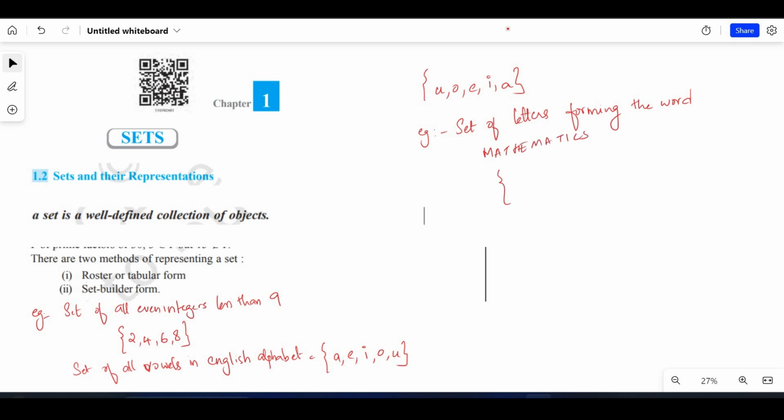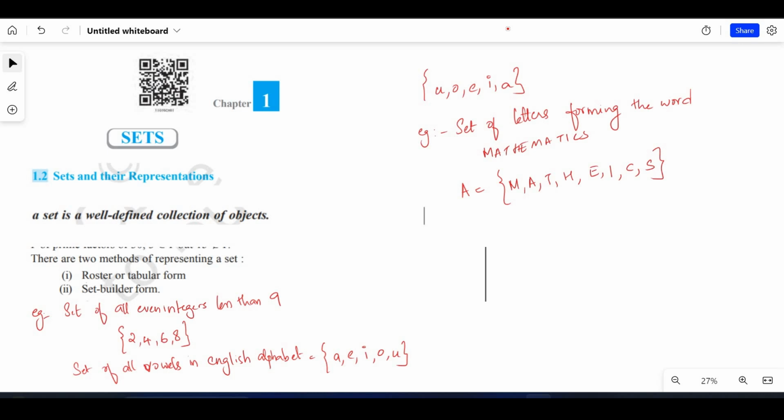So let's say this set is A. It is M, A, T, H, E. M is already written, so we are not repeating it. A is already written, not repeating. T already written, not repeating. I, C, S.